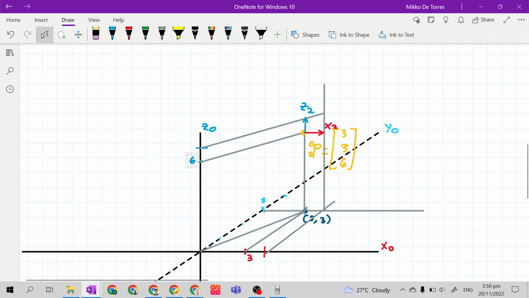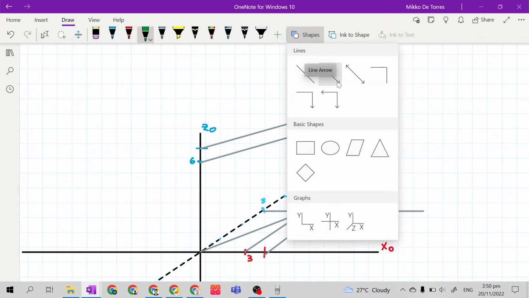So for the y-axis, we can use the right hand rule. Okay. So z sub 2 is pointing upward. So this is the thumb. X sub 2 is the four fingers. The direction of the palm is backward. So y sub 2 will point backward.